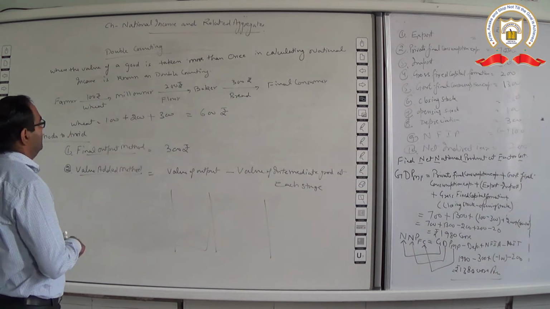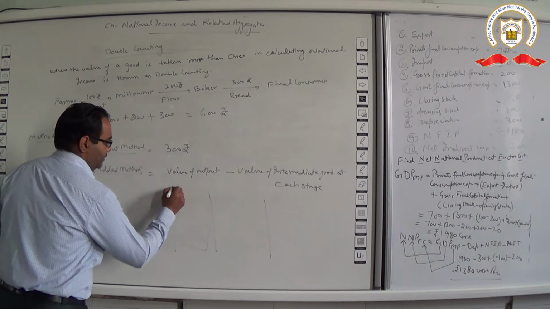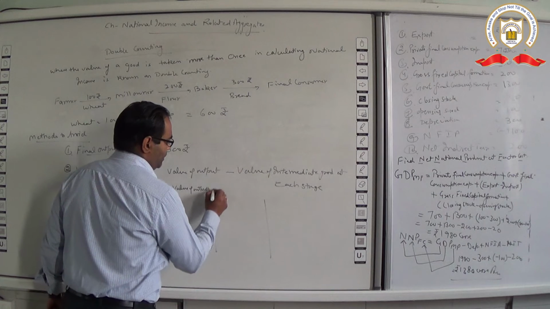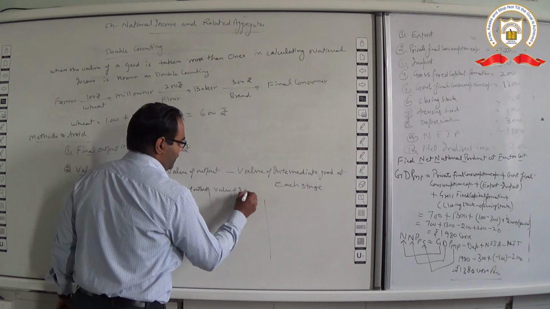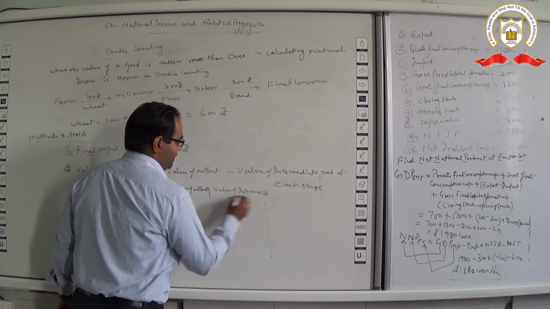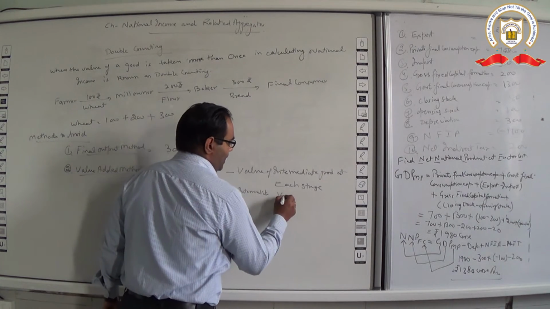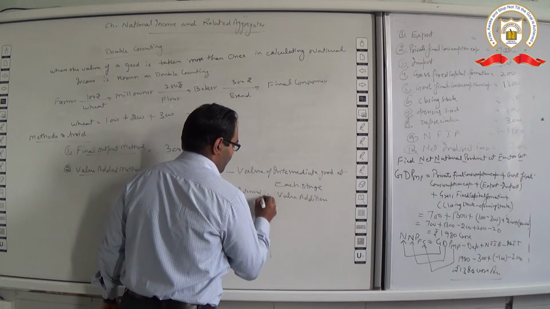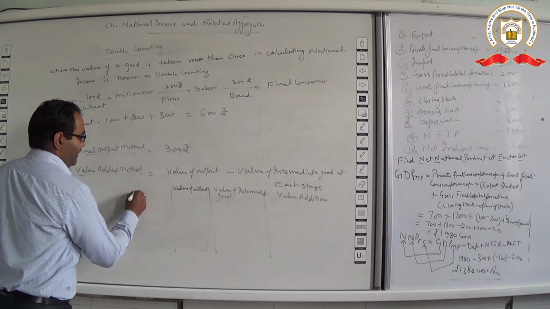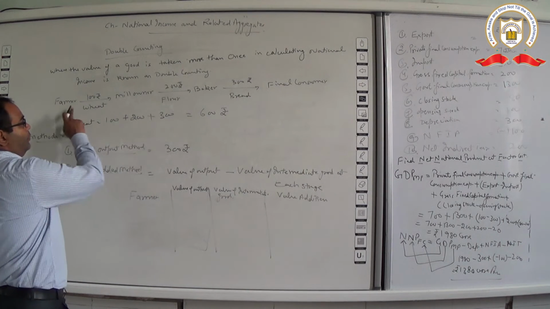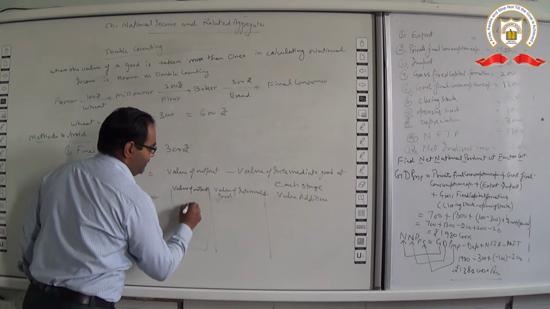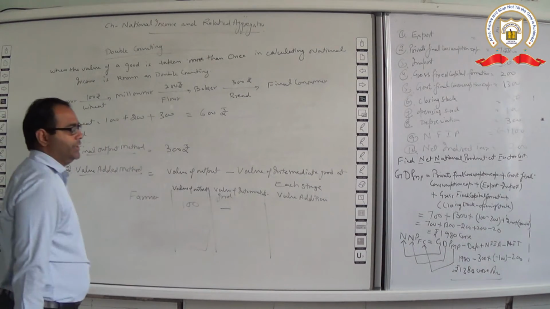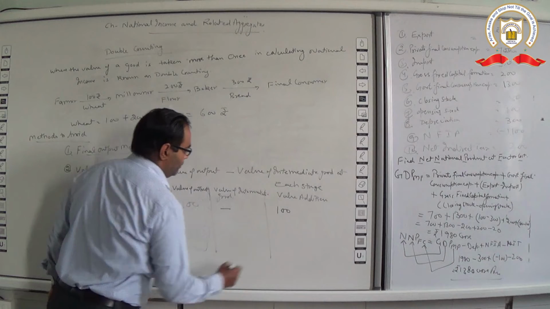See, in this question, value of output, value of intermediate goods and value addition. The farmer sold the wheat to the mill owner for 100 rupees. It will be his value of output. Value of intermediate good is not here. So value addition is 100 rupees.